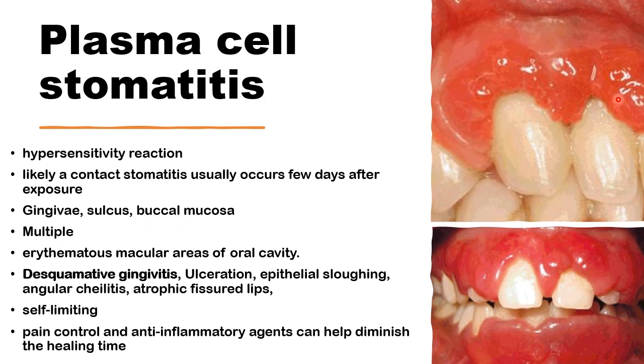They start with erythematous macules of the gingivae, some desquamation of the gingiva, desquamative gingivitis with epithelial sloughing, and superficial multiple ulcers of the gingiva. They are self-limiting, but the use of anti-inflammatory agents can help in diminishing the healing time, and patients would also require pain control.